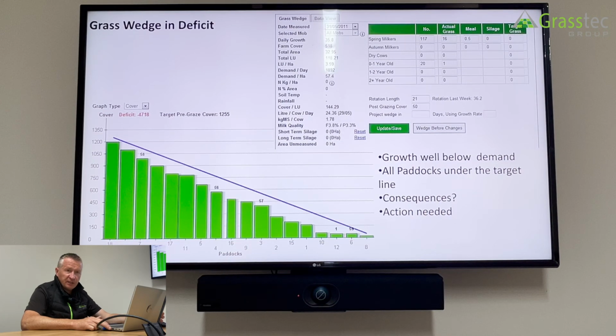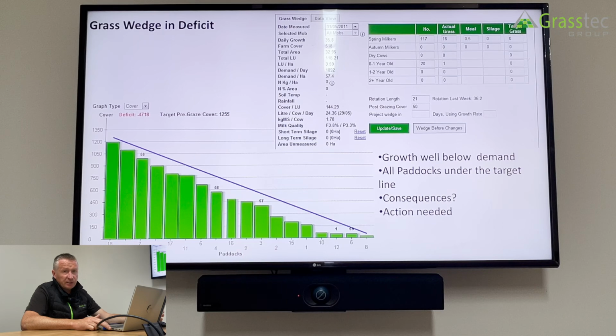A wedge in a deficit then, which is very typical of a lot of farms over the past 3 to 4 weeks, again in a drought type situation, and this wedge kind of epitomizes that. So your blue line is well above the supply that you have. Growth is low, demand is obviously higher than your growth.